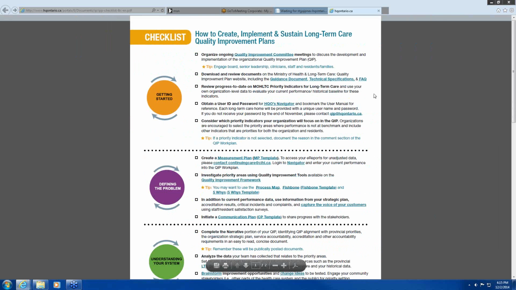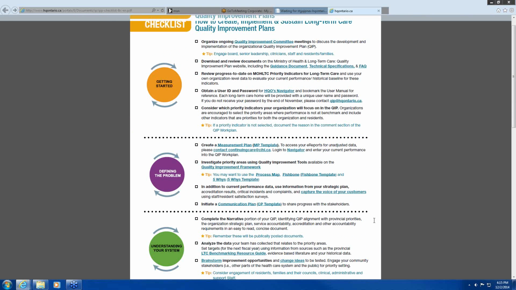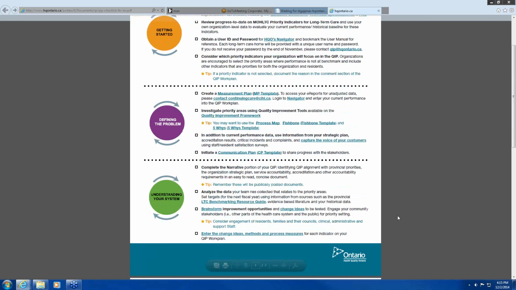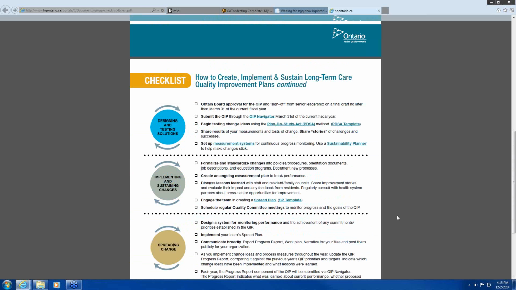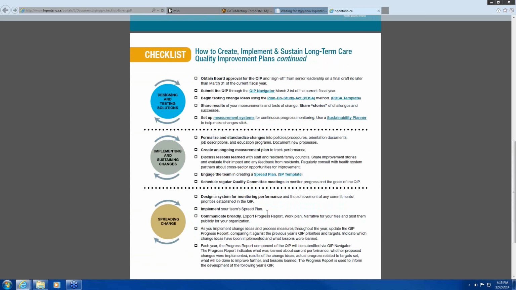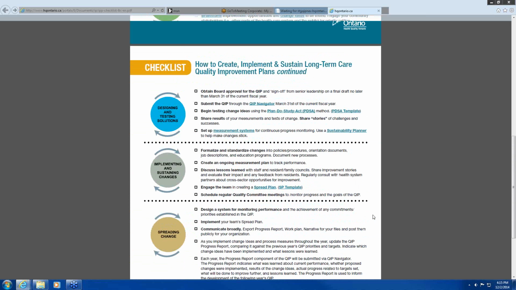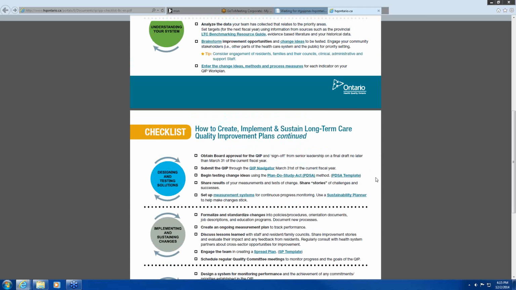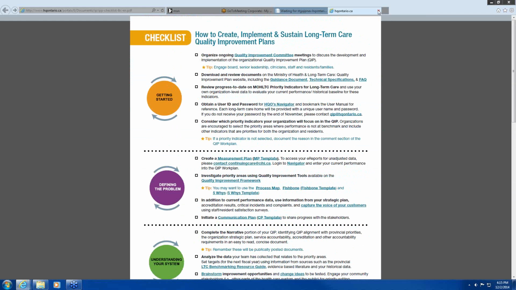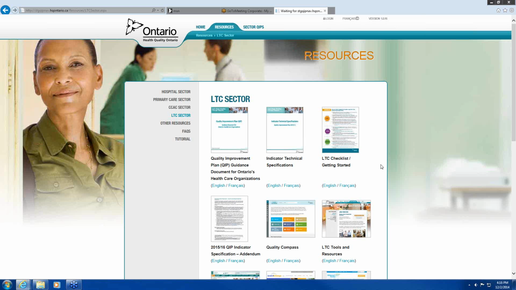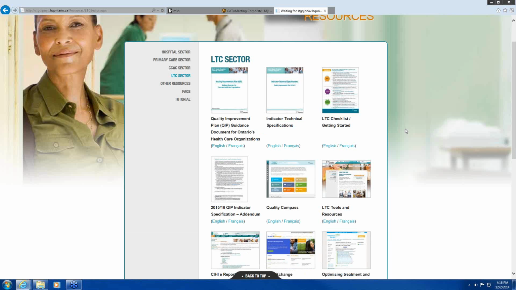So it has all the phases, suggesting you start your planning now, right through to when you have sustainable plans and implementation plans going forward, and communication and talking about spread plans. So really quick and easy, but it does link to the essential documents that you will need in order to complete a quality improvement plan.